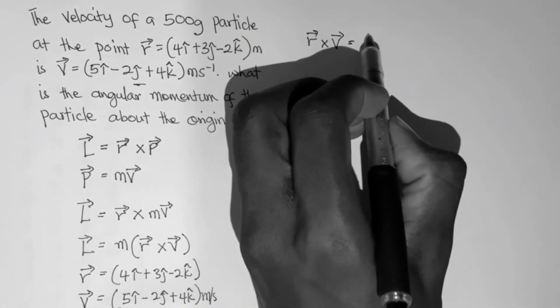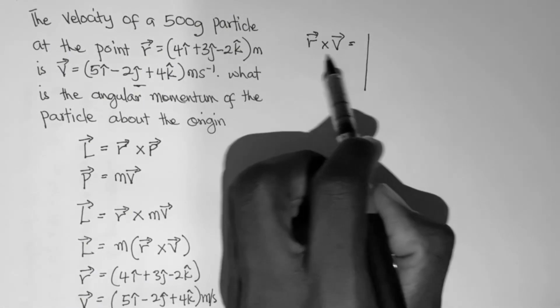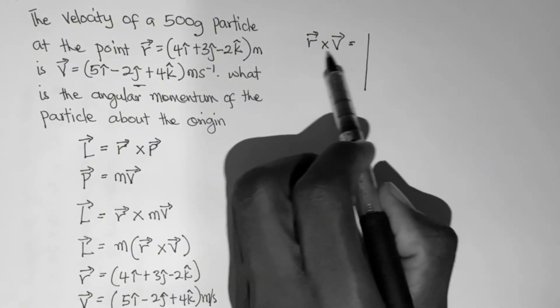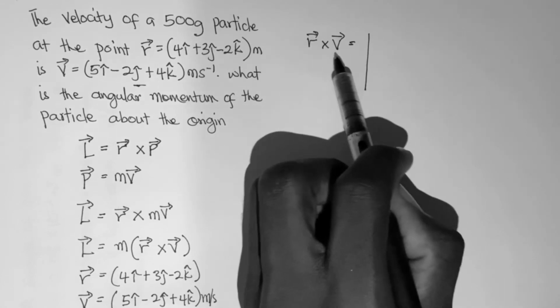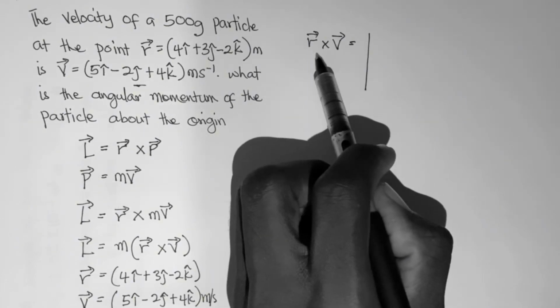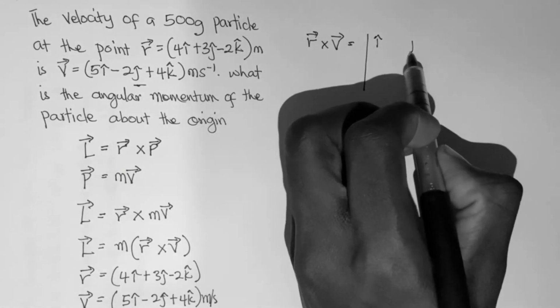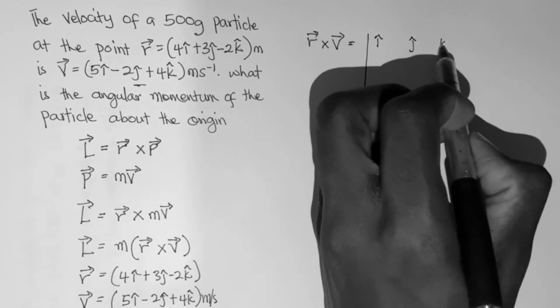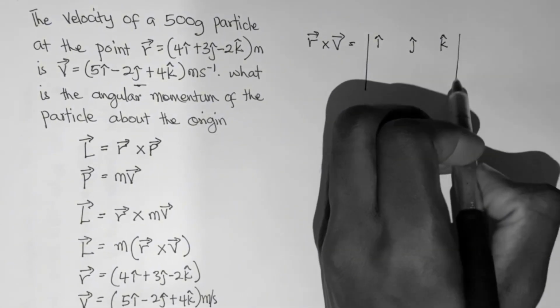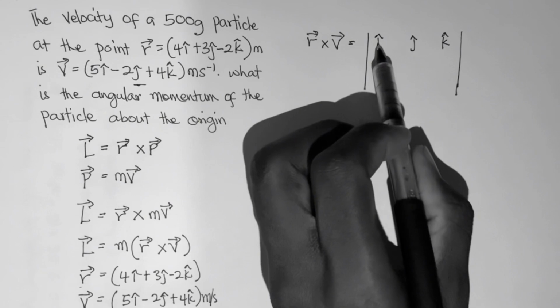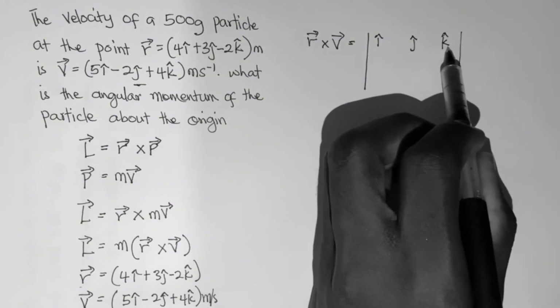This is equal to, now we are doing a cross product, and anytime you do a cross product, you are supposed to get a vector. If you do a dot product of two vectors, you will get a scalar. But if you do a cross product of two vectors, you get a vector. So this will be the unit vector i, then the unit vector j, and then the unit vector k.